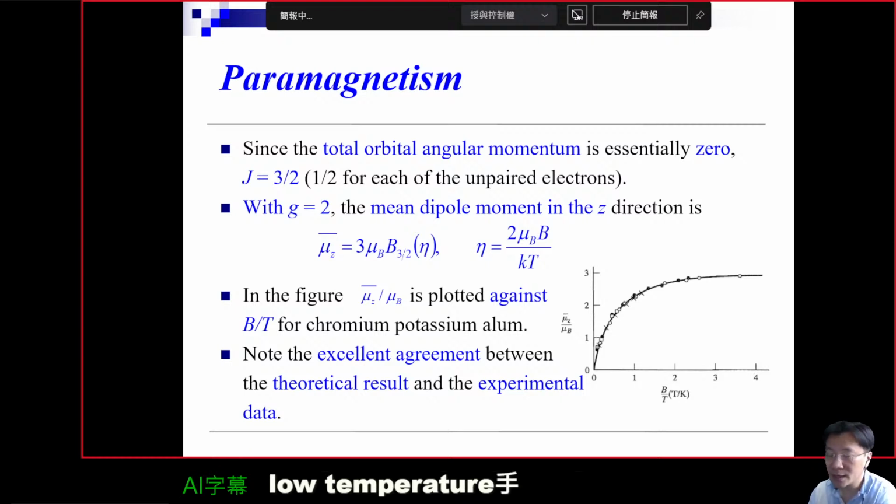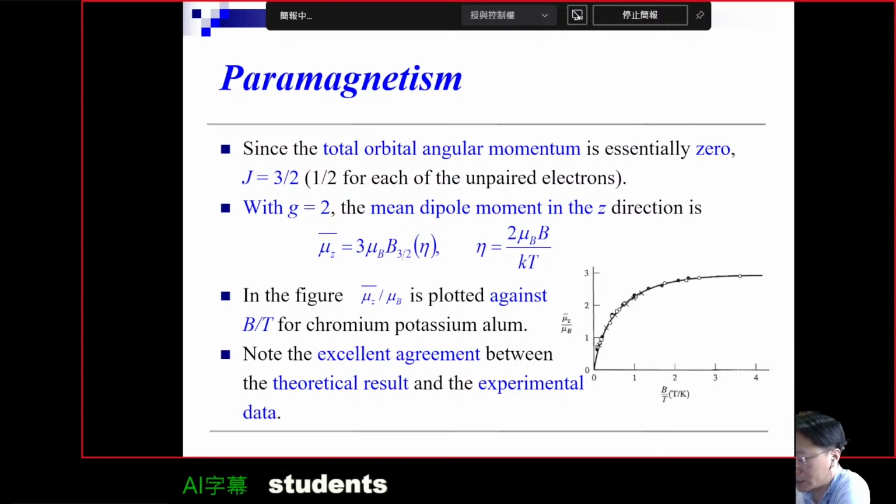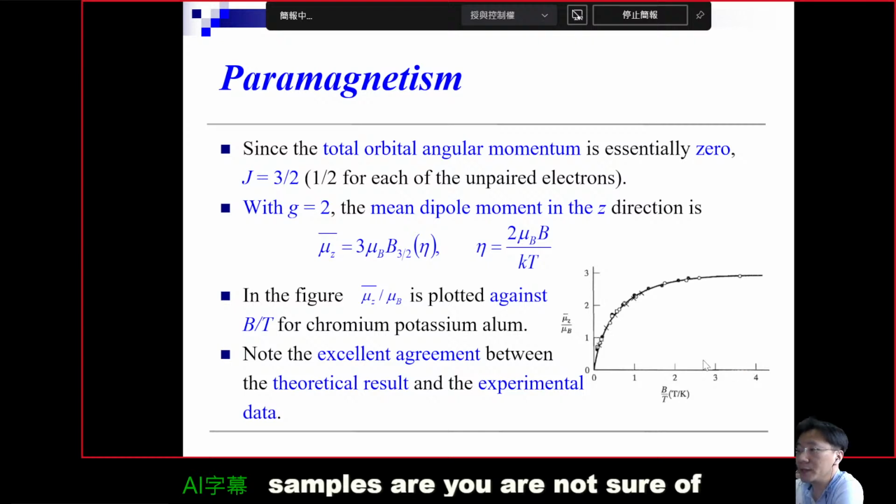In contrast, for some students from the chemistry departments, sometimes you make a sample but you are not sure what the valence of the sample is. Maybe you can make a test to find the magnetization.